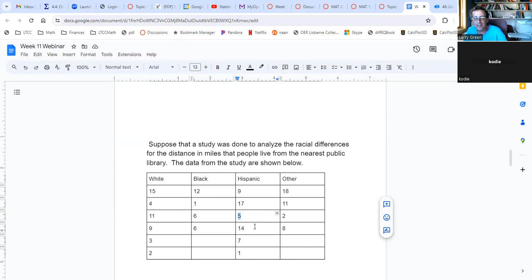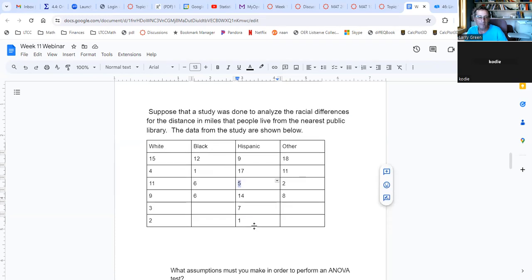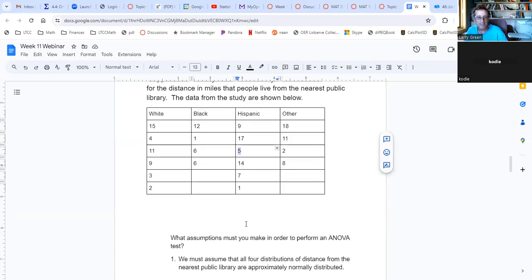So this is a typical ANOVA kind of question. So it's ANOVA because, again, it's definitely 4 different variables. And we have quantitative, not qualitative. And that makes it ANOVA. Okay, but we're going to need a whole bunch of assumptions to make the conditions satisfied. So what assumptions? Let's take a look.